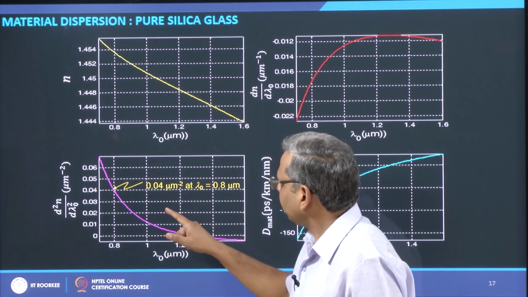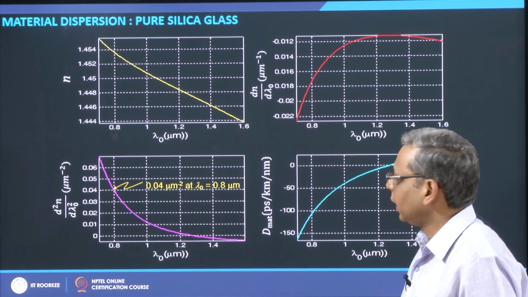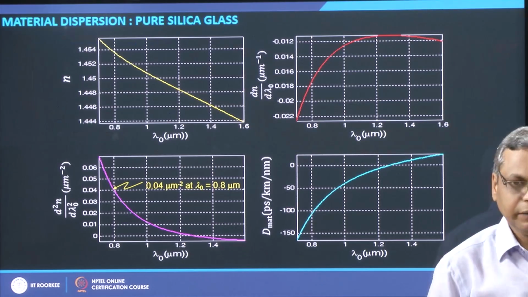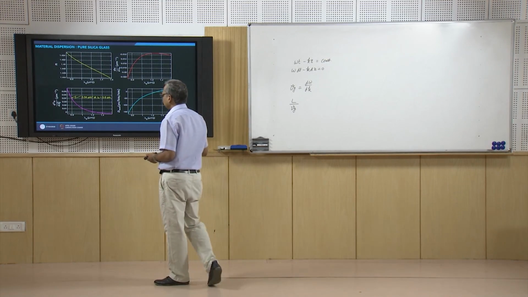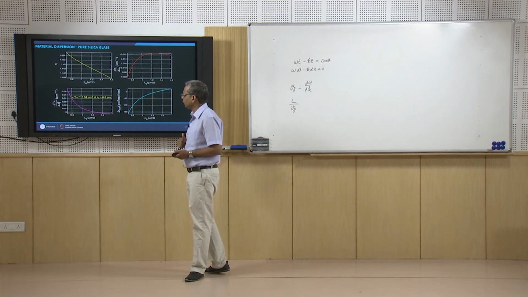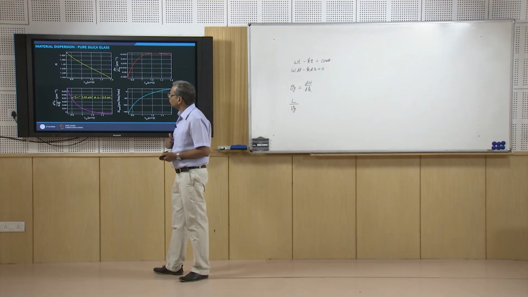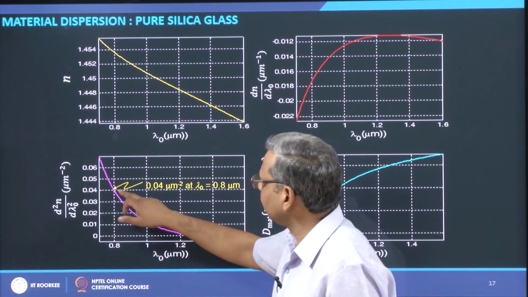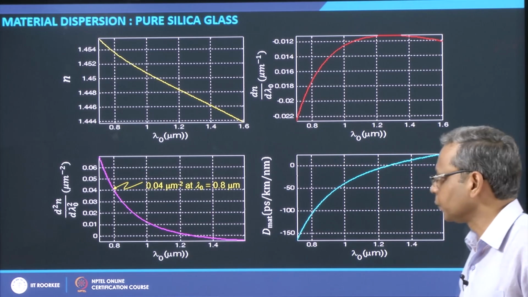And if I find out d2n over d lambda naught square at certain wavelength, say 800 nanometer or 0.8 micrometer, which was the wavelength used earlier for optical fiber communication, around 800 or 850 nanometer, I find that this d2n over d lambda naught square is about 0.04 micrometer to the power minus 2.